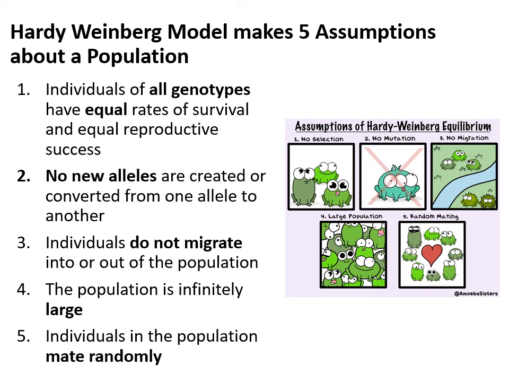And these are the five assumptions that Hardy-Weinberg makes about a population in equilibrium. The first one here is that individuals of all genotypes should have equal rates of survival and equal reproductive success. Basically what that means is, if you look at the figure here, no selection would be going on in a population that's at equilibrium.